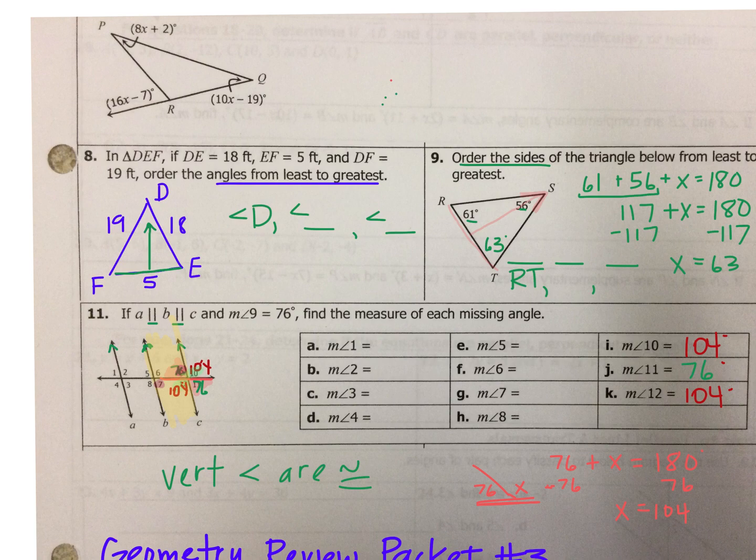Well, if you remember from all that we learned last year, alternate interior angles are congruent. So if angle 9 is 76, that makes angle 7 76. I need you to figure out 5, 6, and 8 on your own. When you're done, flip it over.